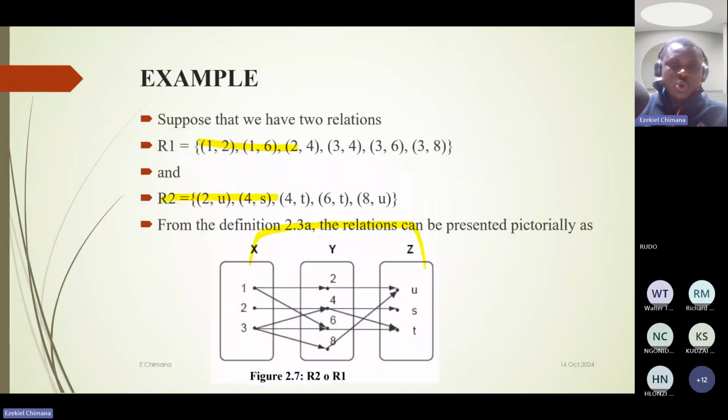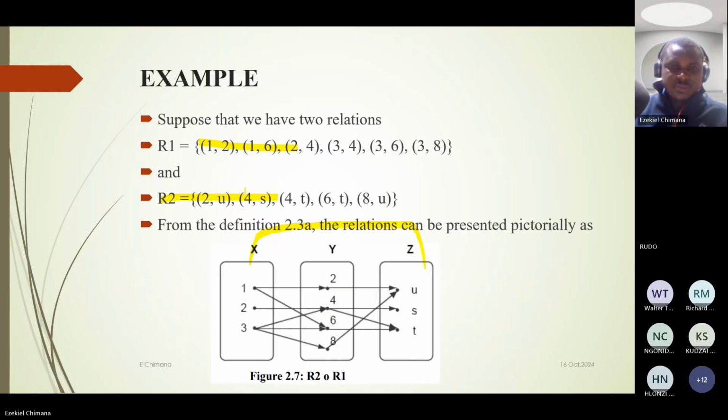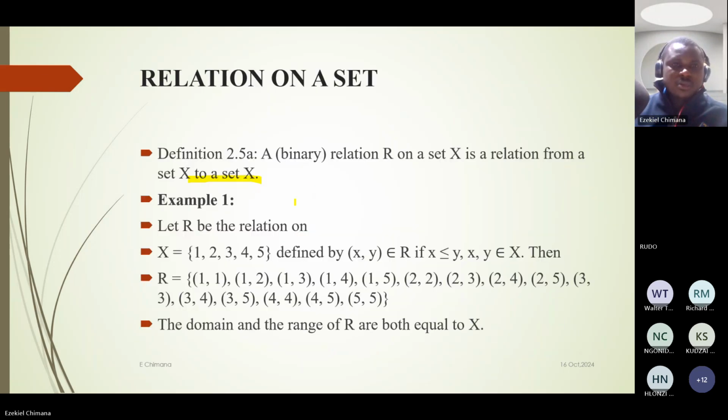So it's just the same with what we are doing here, but only that we're having X and Y. But here we are saying we are only considering this set alone. So we are matching X and X, just like that. So for example, here we've got X with 1, 2, 3, 4, 5.